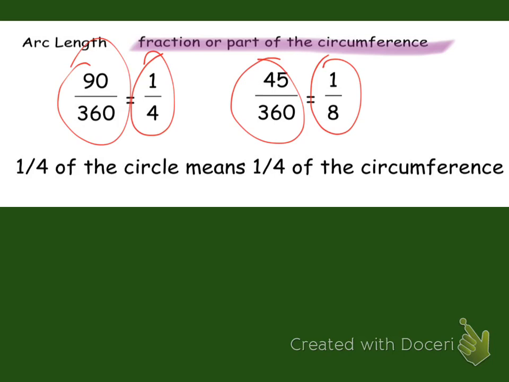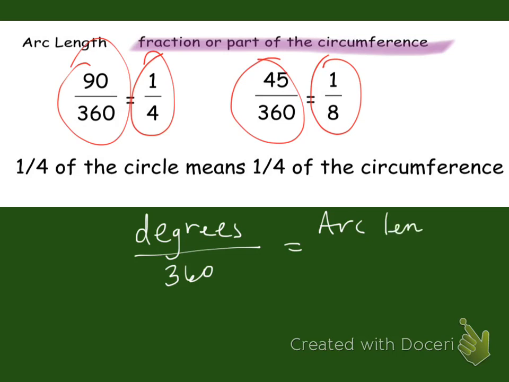Okay, so it's a little different than what's in your book, because in your book it shows the actual formula, but we can use a proportion, which basically is degrees over 360, because that's an entire circle. So the degrees of this arc over 360 equals the arc length over your circumference, which is pi d. Okay, so if you need to make a note of that, make a note that this is circumference.